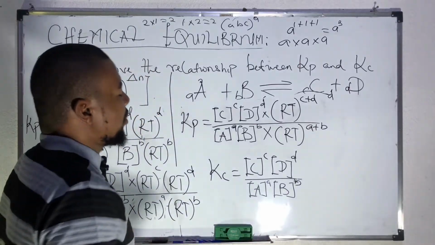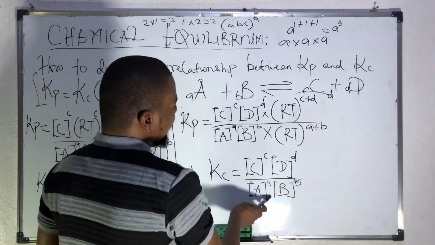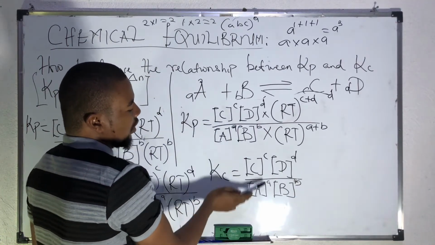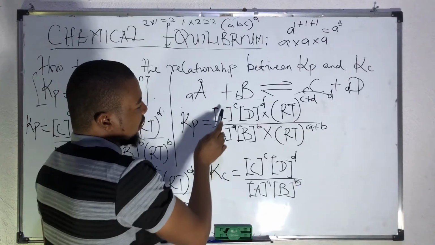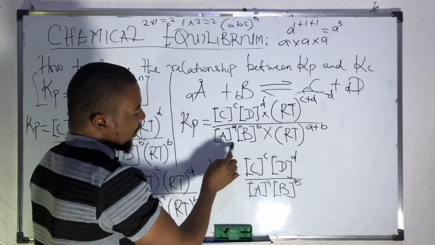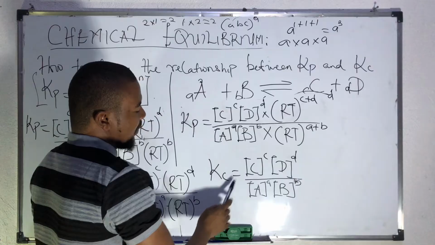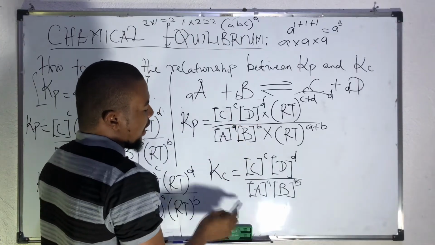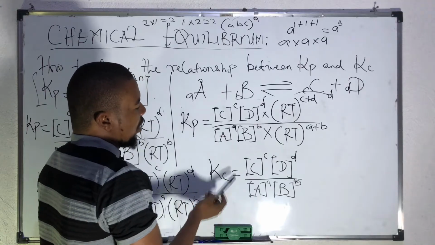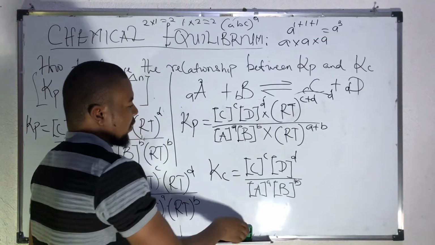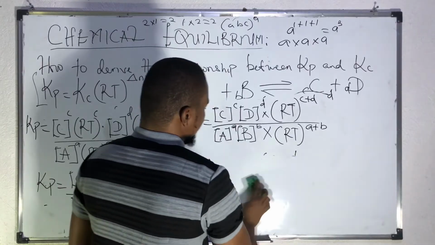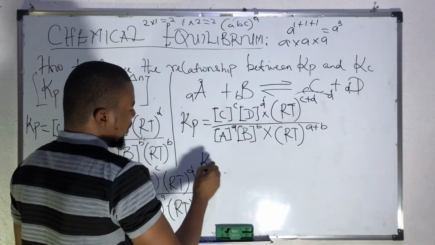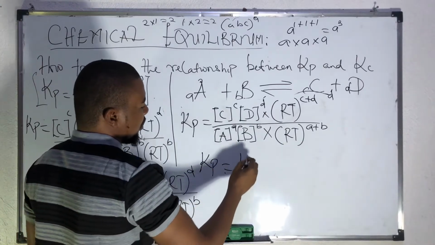Well, we now see that there is a similarity between this and this. The C, D, A, and B are the same here, right? This part here is equal to this. They are both the same. Now, what we're going to do is replace this entire expression by Kc. Okay, we replace everything here with Kc. Let's quickly do that. Our Kp would now be equal to Kc.